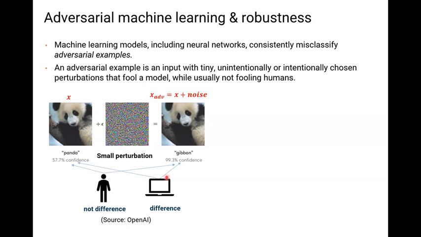But for a machine, you can fool the model you have trained for image classification, and it misclassifies this panda as something else. We call this kind of image, with certain perturbations, an adversarial example.